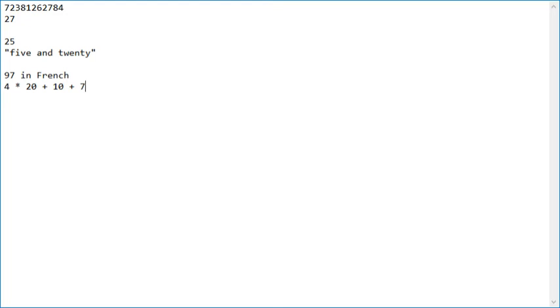So that's literally 97 in French. They say 40, which is like 4, 20. So you're saying 4 times 20, adding a 10, and then 7, adding the 7 at the end. So that is getting pretty crazy.